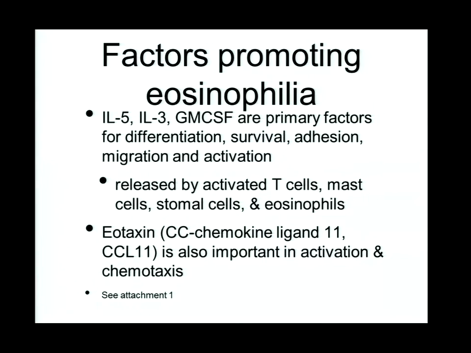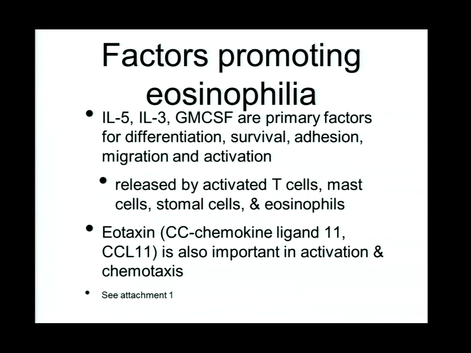And these are often used also in analysis as tissue markers of eosinophil presence. And so really quickly, factors promoting eosinophilia: the interleukin that is renowned for it is interleukin-5, along with IL-3 and GM-CSF, which are also primary factors, and they're important for differentiation, survival, adhesion, migration, and tissue activation of eosinophils.